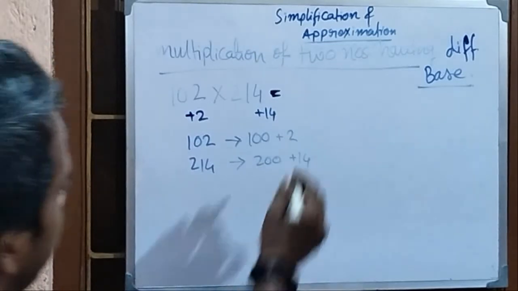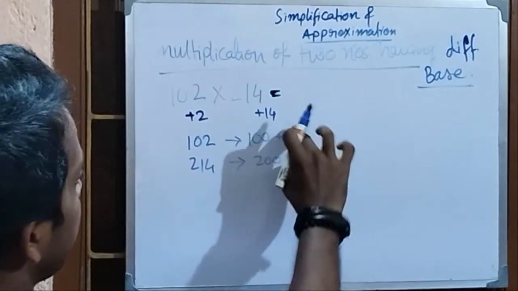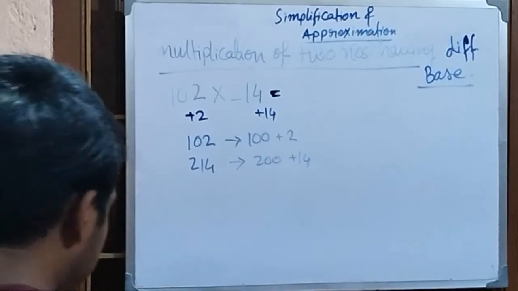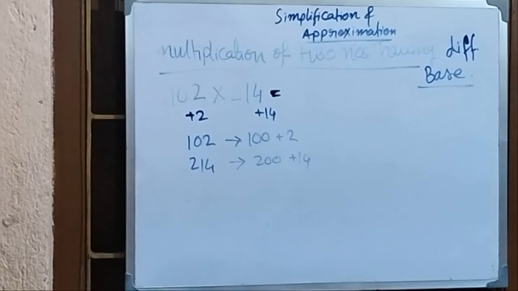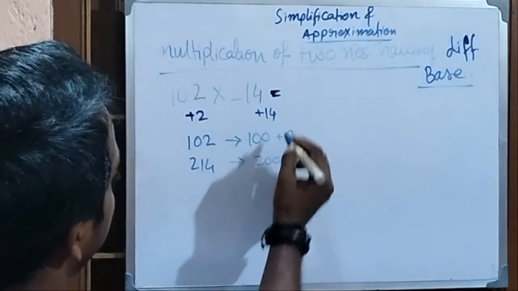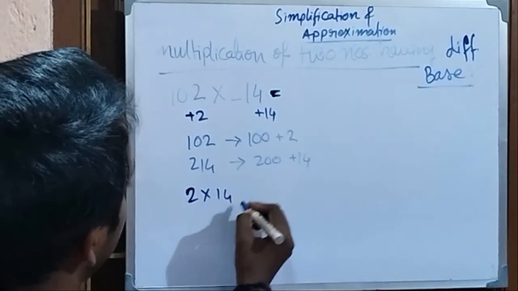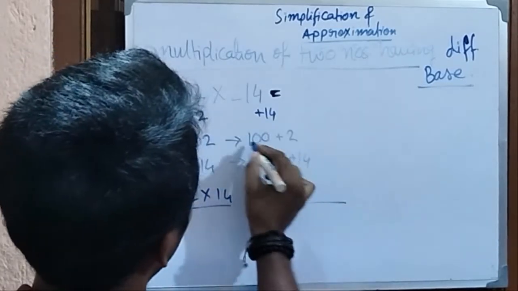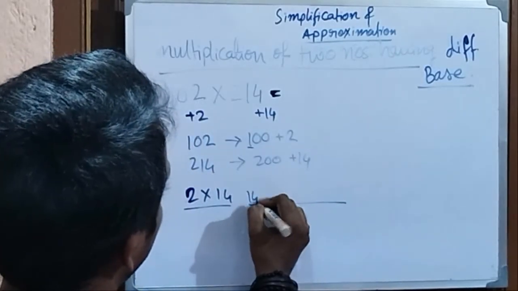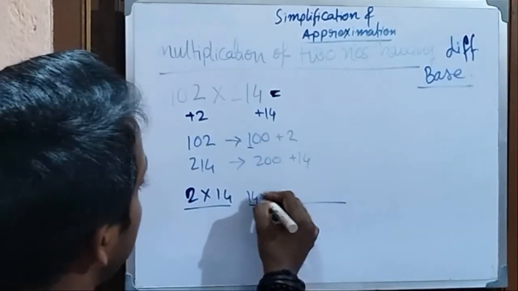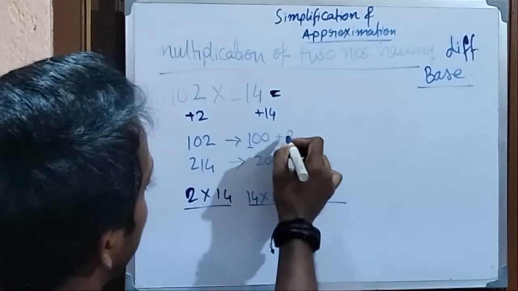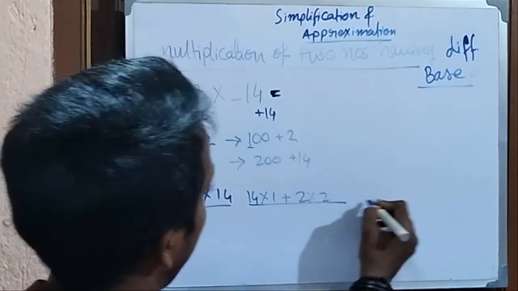Now see, in the first part this extra part gets multiplied, 2 into 14, and in the second part 14 into the base value, the base part, the multiplication part here is 1, so 14 into 1 plus this 2 into 2.